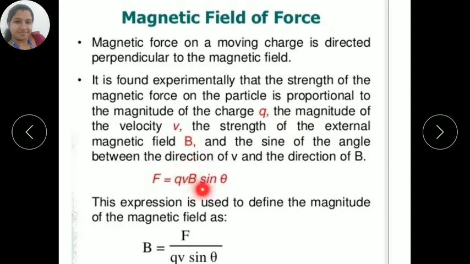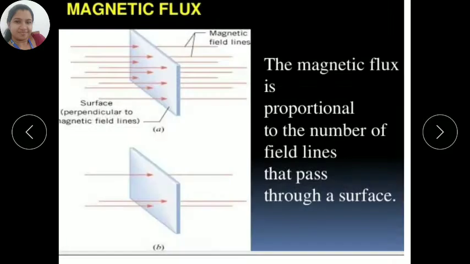From this we can write the expression for magnetic field also: B is equal to F by QV sin theta, where F is the magnetic force.